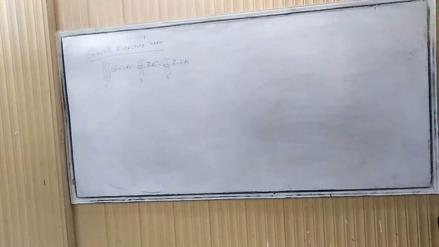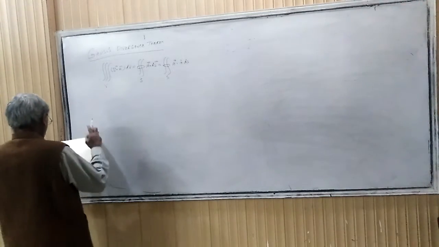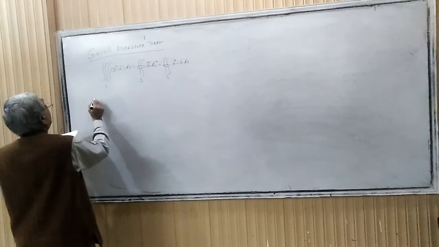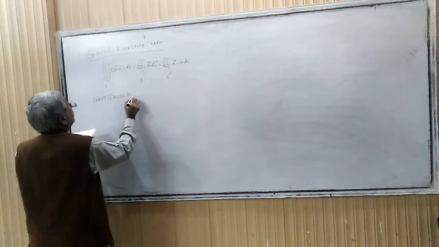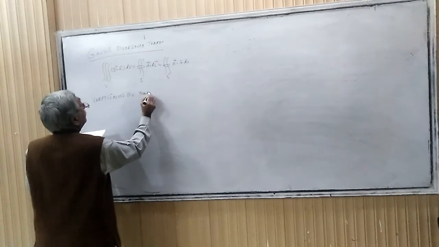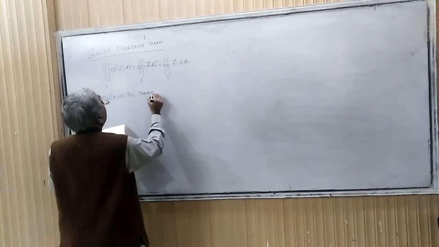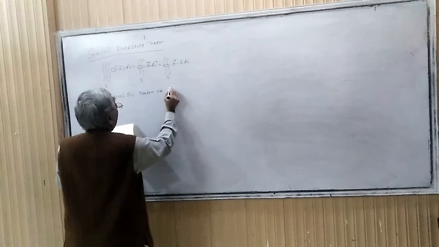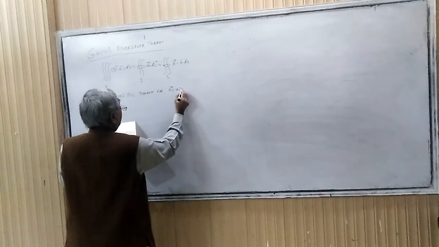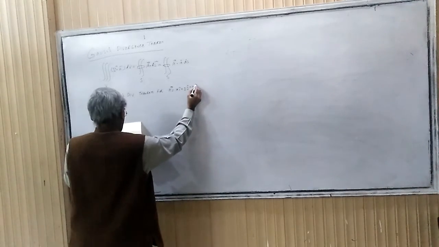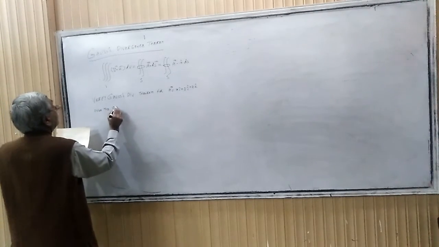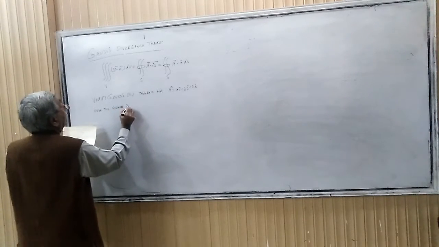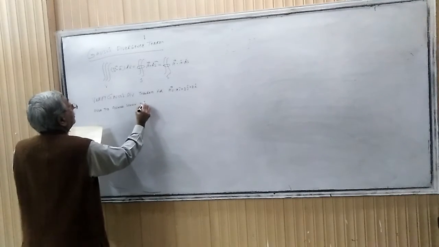The last problem. Verify Gauss's divergence theorem for vector A equal to xi plus yj plus zk over the cylinder shown in the figure.